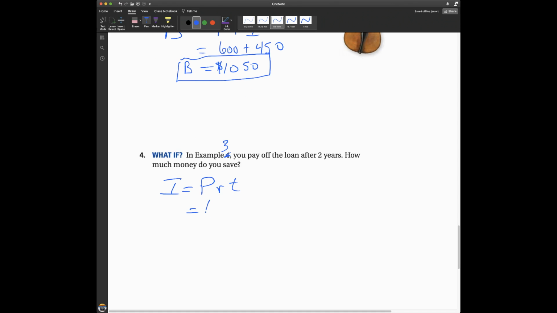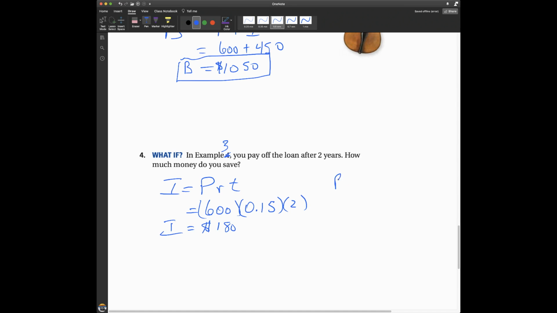So let's calculate that interest again. It was 600 times 15% written as a decimal. This time we're going to put a 2 in here. All right. And so let's see how much that is. I think it's going to be about 180. 600 times 0.15 times 2 equals, well, I put the wrong thing in my calculator. 600 times 0.15 times 2 gives me the interest, which is $180.